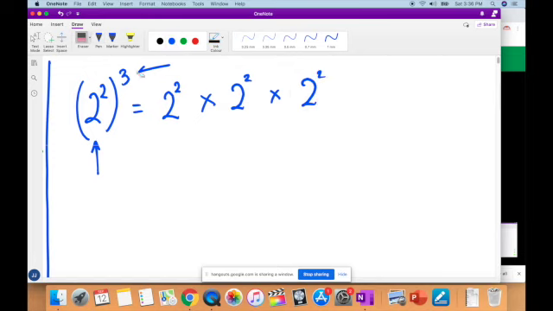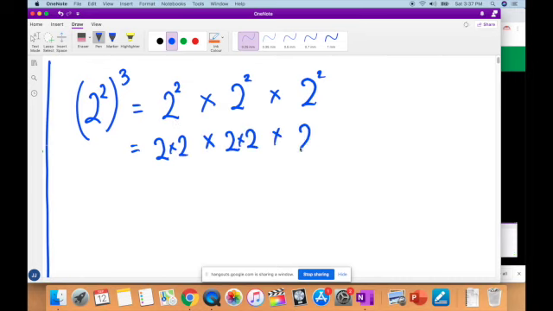Caitlin, you following so far? Yeah. Alright. So 2 squared times 2 squared times 2 squared, when we expand it further, is 2 times 2 multiplied by 2 times 2 multiplied by 2 times 2, and this gives me what?